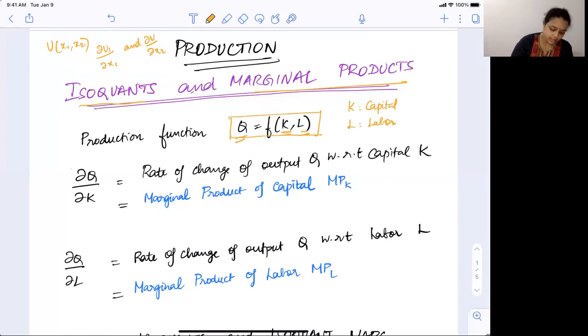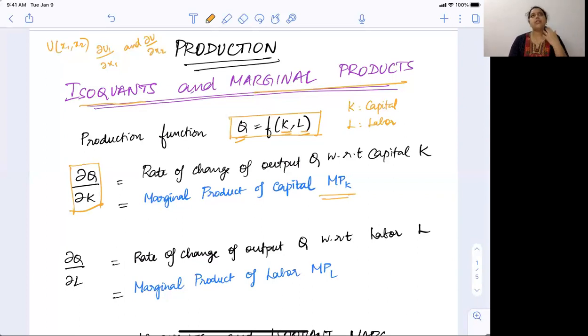So here, dou q by dou k is called the marginal product of capital, shortly written as MPK. It tells you that if you change capital by a unit, what's going to be the change in the output, holding labor fixed. That's the interpretation of that partial derivative.